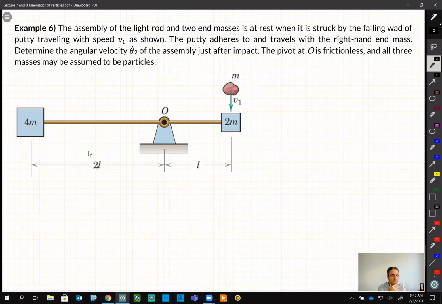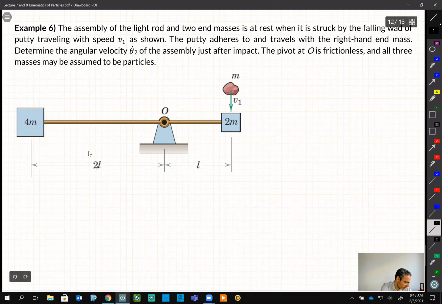I'm going to let you guys read this one and try to understand and visualize the mechanism, figuring out what's happening here, and then we'll solve it together. While you do that, I'll also try to figure it out myself. So we have this simple assembly here.